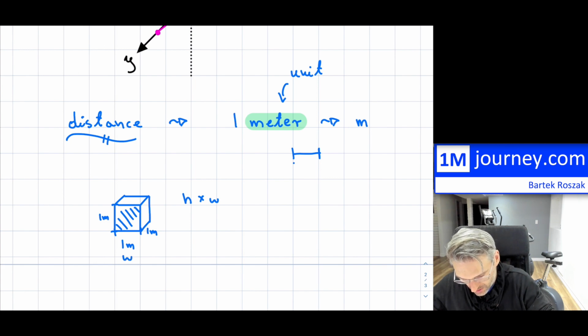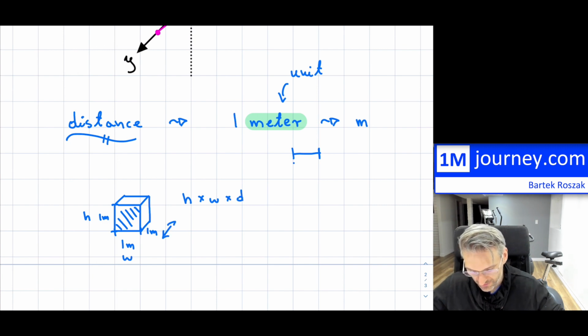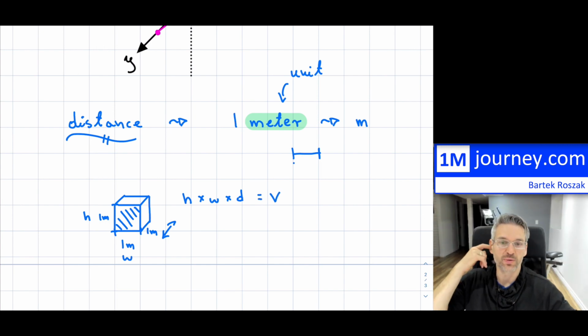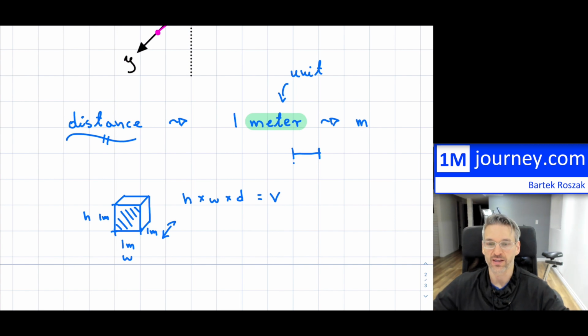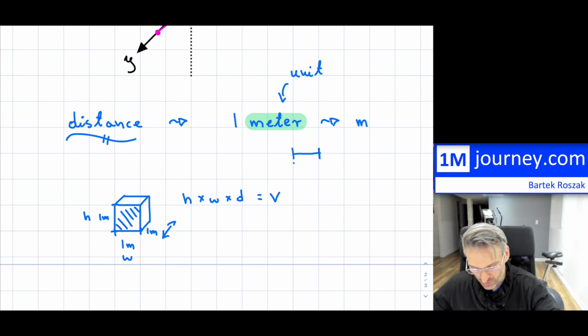So maybe this is your width right here, so this is your height. And then maybe this is the depth. So this is times depth that you have in here. And that is now your volume, which is a little bit of a cube that we have in here, and it's 3-dimensional.